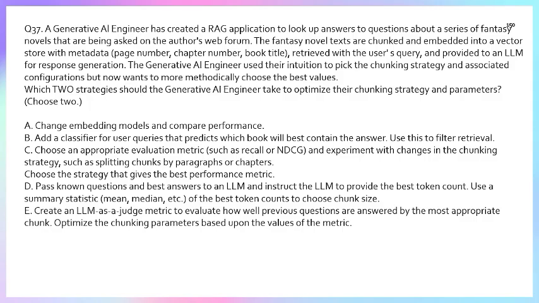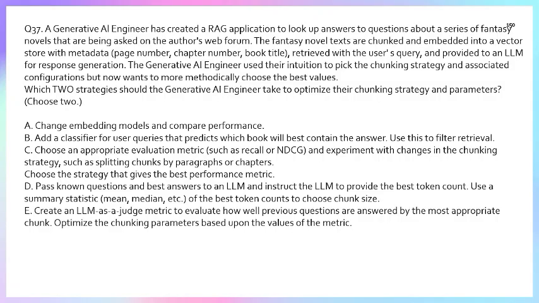Question number 37. A generative AI engineer has created a RAG application to look up the answer to questions about the series of a fantasy novel that has been asked on another web forum. The fantasy novel texts are chunked and embedded into the vector store with metadata, and the retrieved results for the user's query are provided to an LLM for response generation.